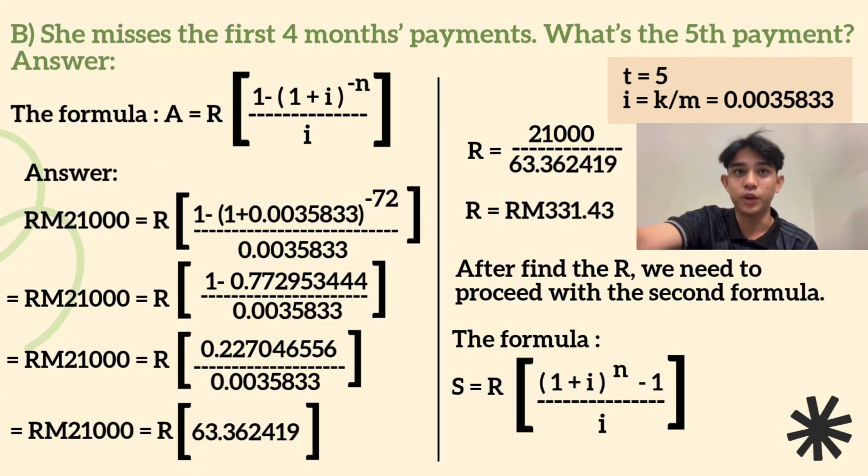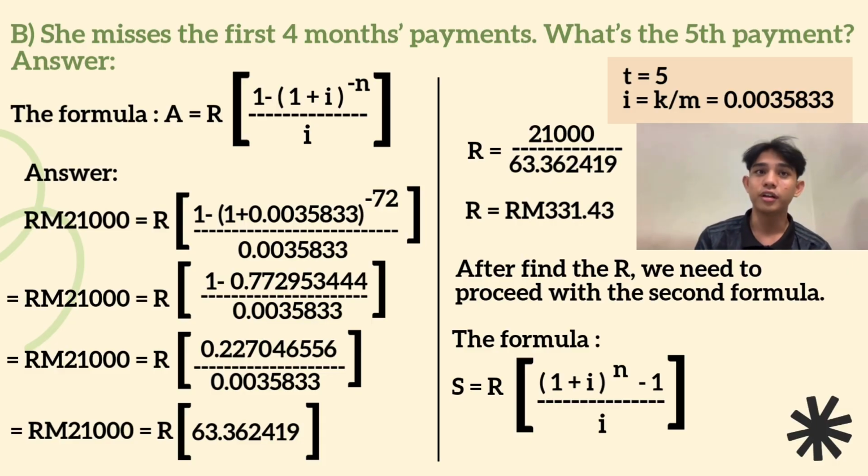We need to use the first formula, which is A equals R, large bracket, 1 minus, in bracket 1 plus i, power of negative n, over i, close the large bracket.